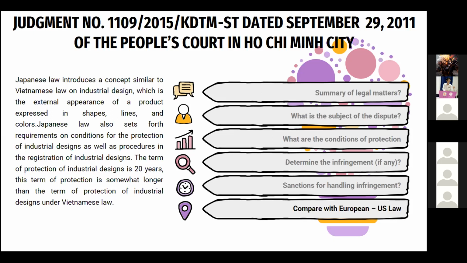Japanese law also sets requirements and conditions for the protection of industrial designs as well as procedures in the registration of industrial designs. The term of protection of industrial design is 20 years. This term is somewhat longer than the term of protection of industrial design under Vietnam law.